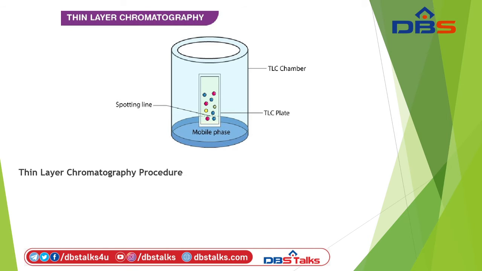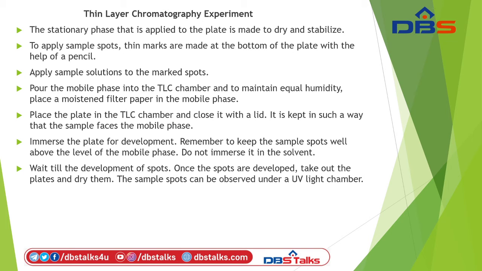That is more important. The filter paper has to be placed inside the thin layer chromatography chamber. It is maintained in the mobile phase. So that is the procedure of thin layer chromatography, and the procedure is over.